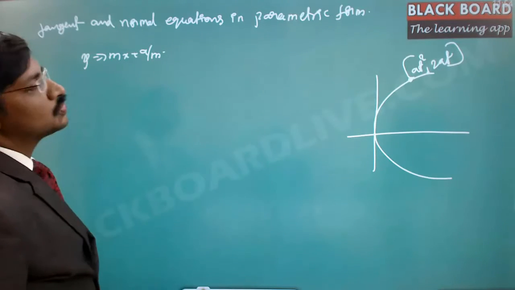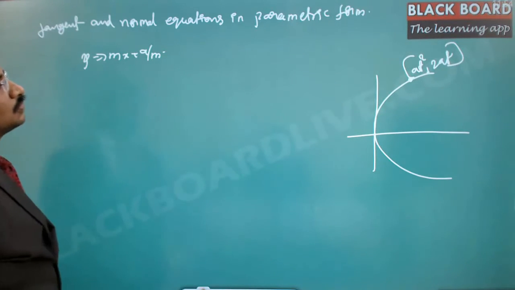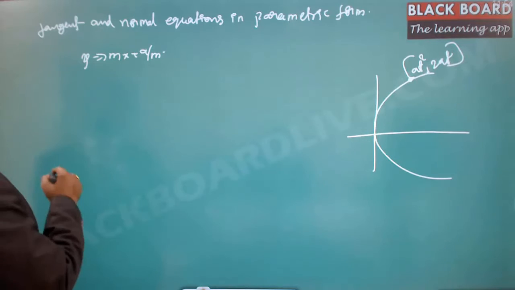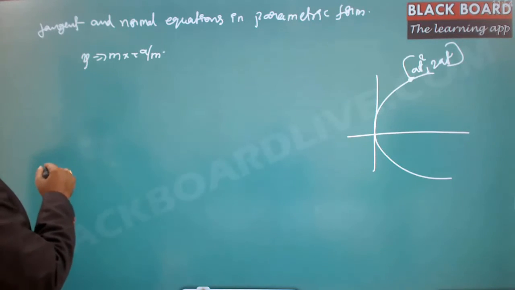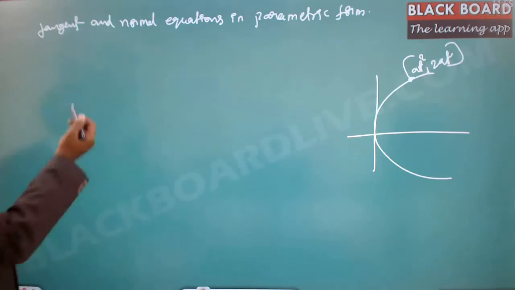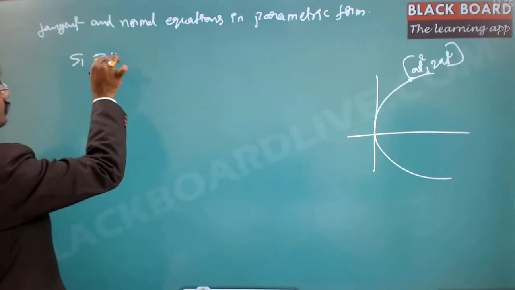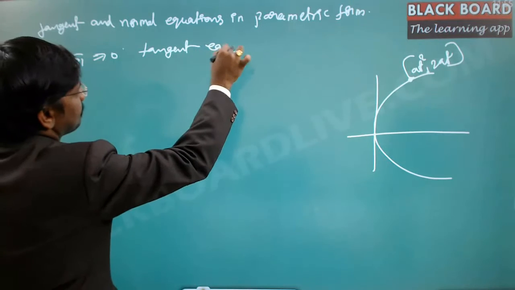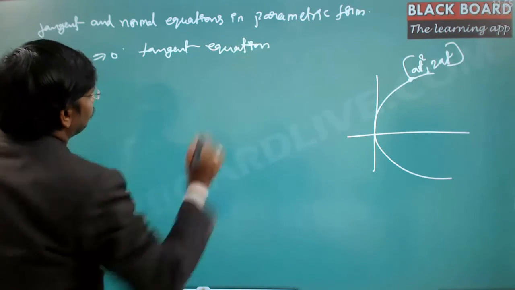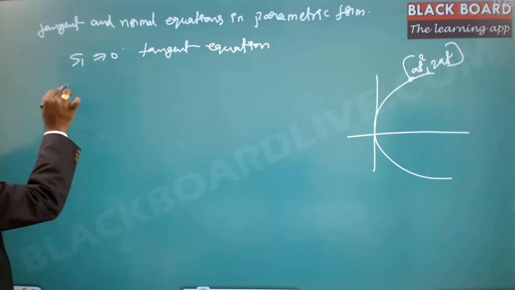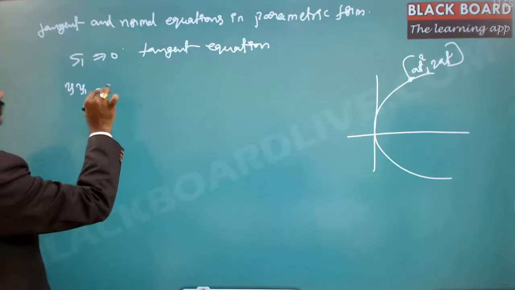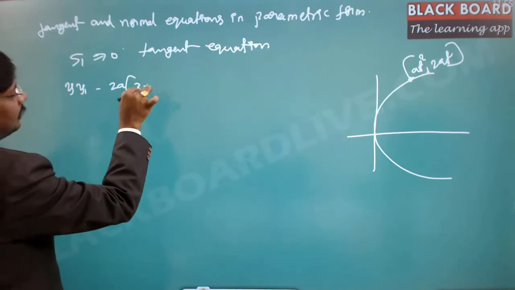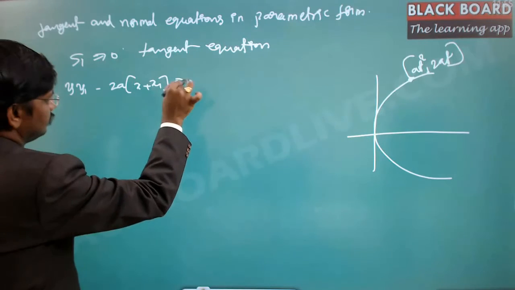Now if you substitute the point at square, 2at into the equation, the tangent equation is S1 equal to 0. And this tangent equation S1 is nothing but y y1 minus 2a into x plus x1, equal to 0. This is the equation of the tangent.